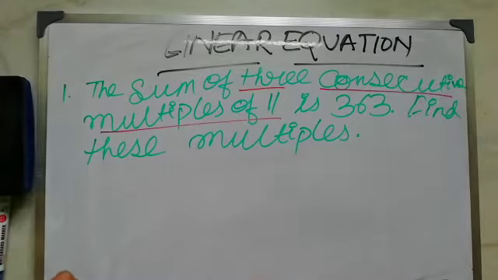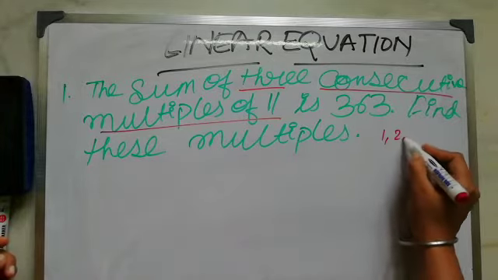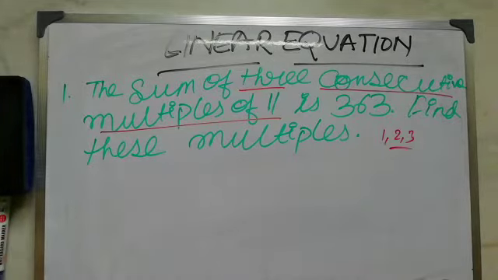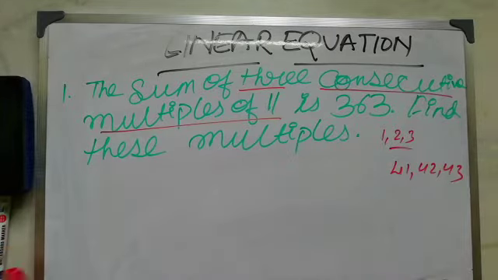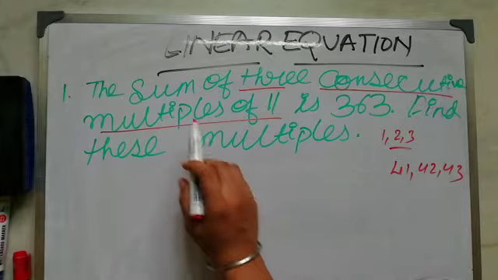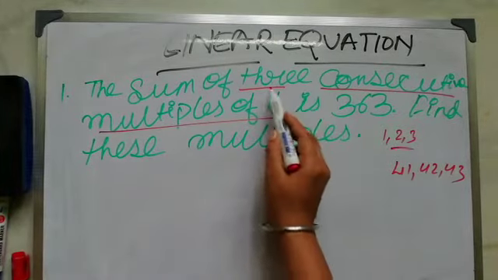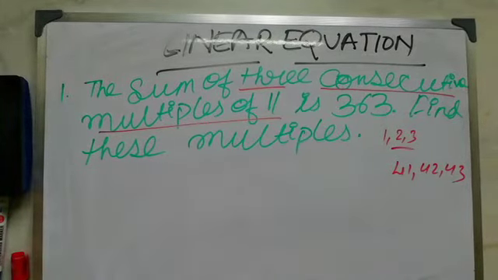Fine. So our question is the sum of three consecutive multiples of 11. Now what does consecutive mean? Consecutive means one after another. For example, 1, 2, 3 are consecutive numbers. 41, 42, 43 are consecutive numbers. Similarly, they have told that three consecutive multiples of 11.